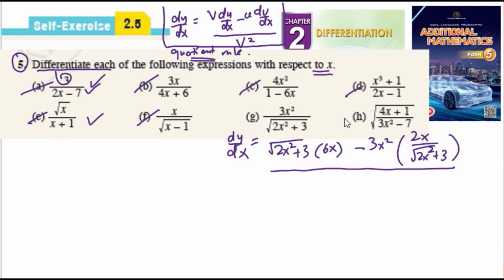See here? Then divide by v squared. So our v is the square root of 2x squared plus 3, squared.